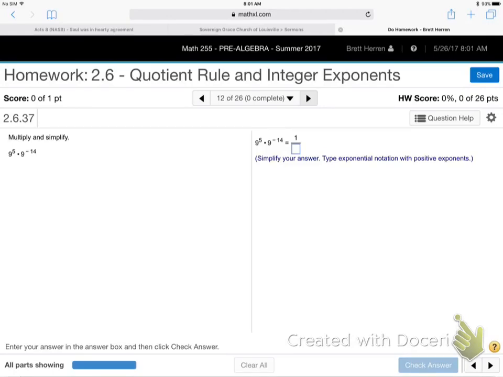Okay, so 9 to the 5th times 9 to the minus 14. All right. Do the same. Yeah, negative powers jump to the bottom, right? So let that negative power jump to the bottom, exactly.